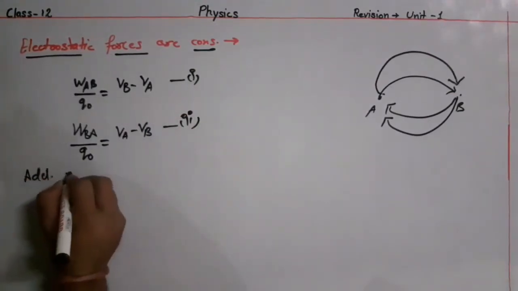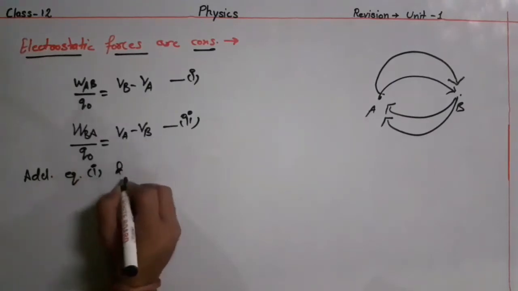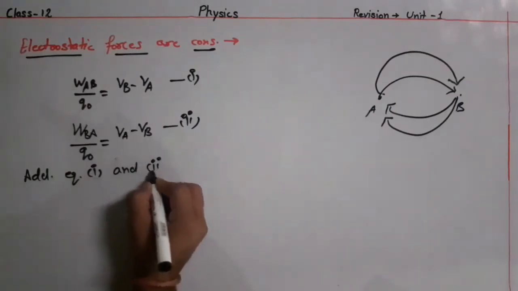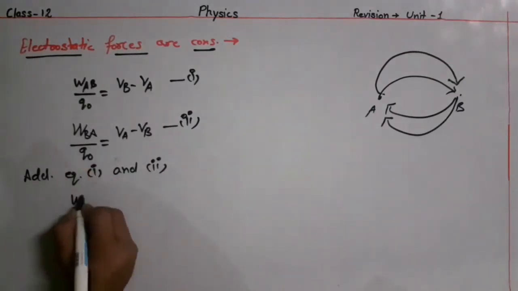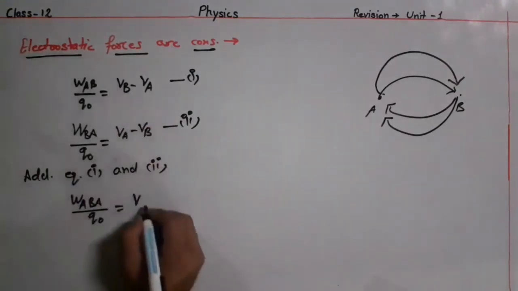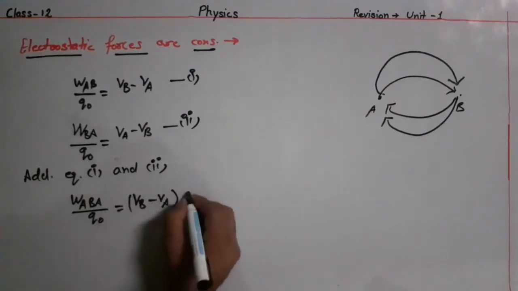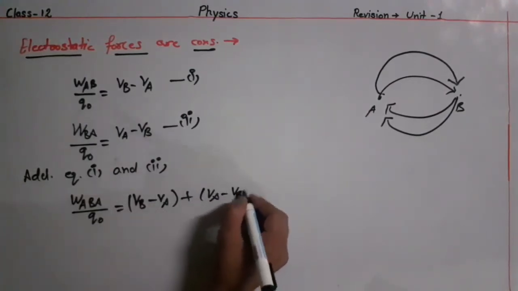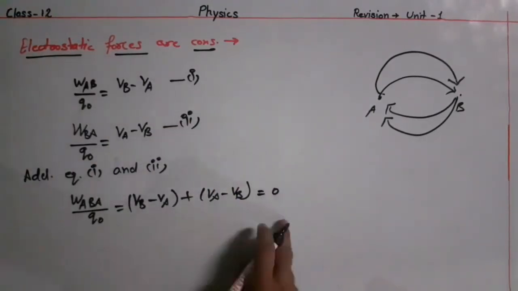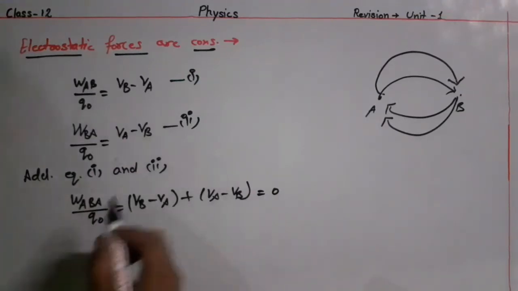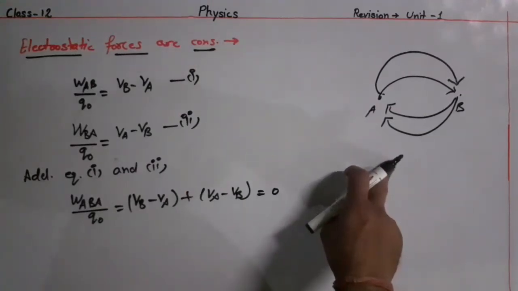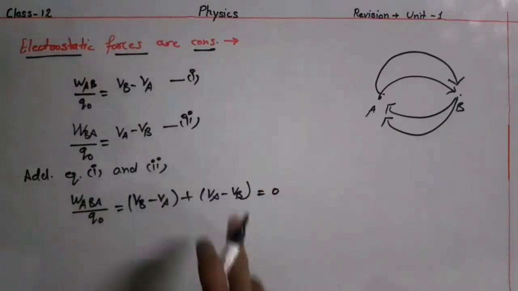Adding equations first and second, if we add both these equations, what will we get? We will get total work done divided by q naught, and if we add VB minus VA plus VA minus VB, I am simply adding these two equations 1 and 2, what I get is equal to 0. So our work done is independent of the path taken by the charged particle in an electric field. This proved that our electrostatic forces are conservative in nature.